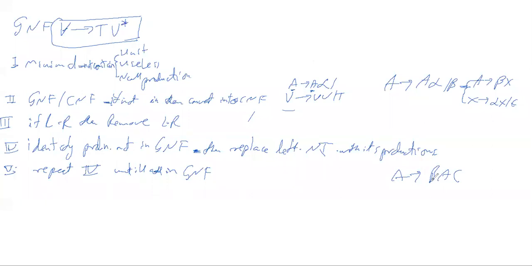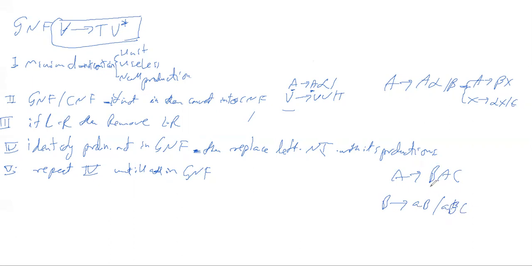Some other non-terminals may be in the right hand side. And if you are having B implies AB/ABC.